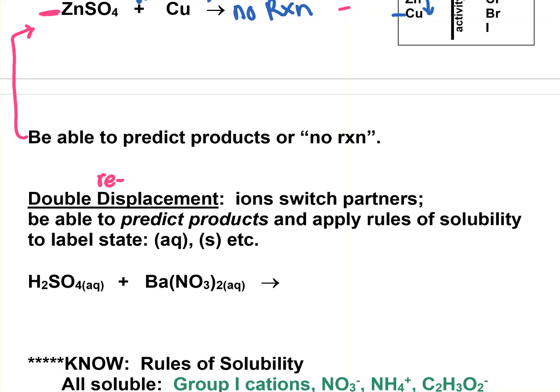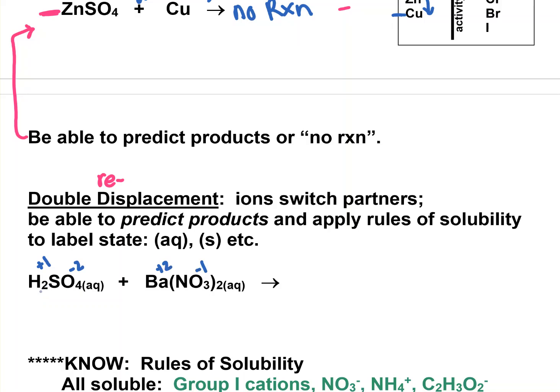So what I do is I start by putting charges up here. On an acid, these hydrogens in front pretend like they're hydrogen ions with a +1 charge. Sulfate is -2, barium forms a +2 charge, nitrate is -1. So you need to know your polyatomic ions and charges.